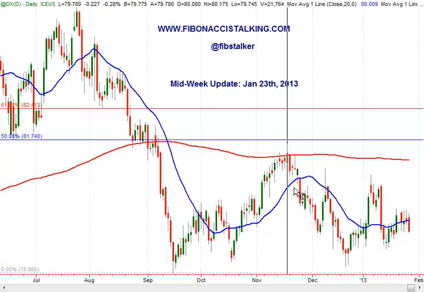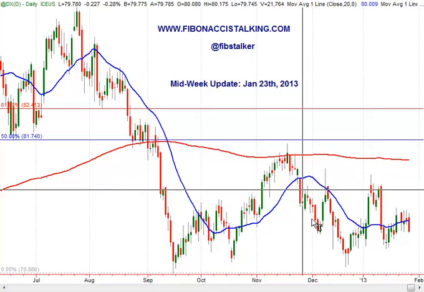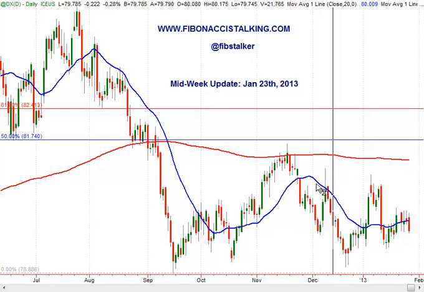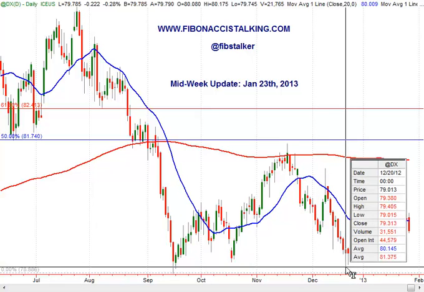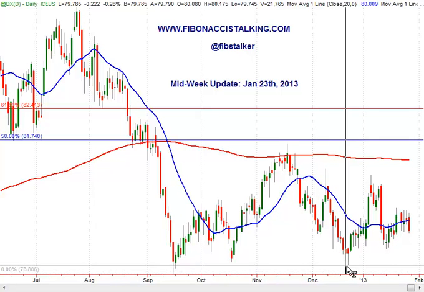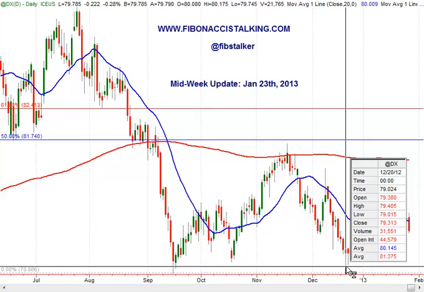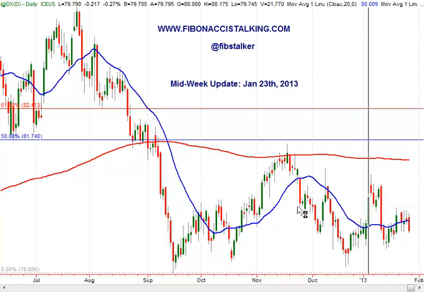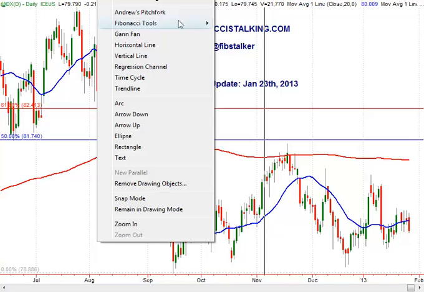In November we had a bottom in the euro as well, and price started moving lower here, and then we had this reaction higher and then a move lower. On December 20th, I said that we could see a retracement higher, and that's what happened.